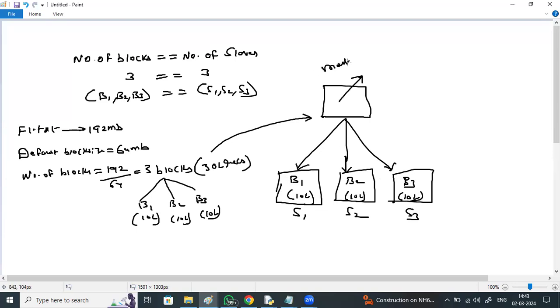Within the master node, we see the name node. This name node stores this file f1.txt, stored across B1, B2, and B3.